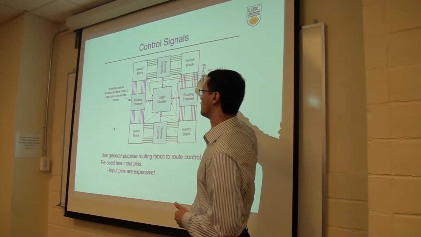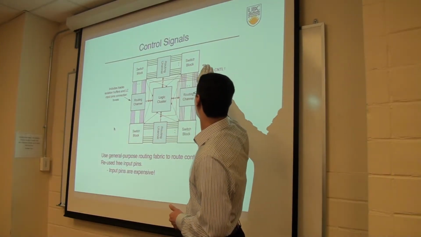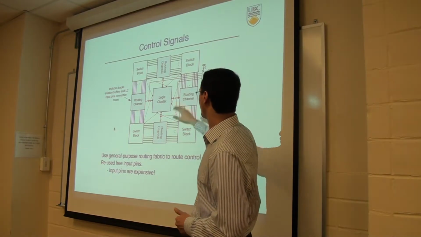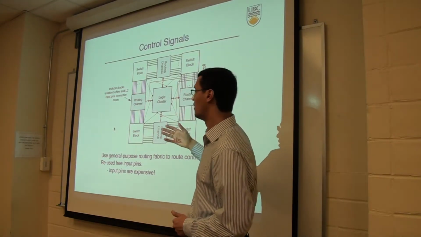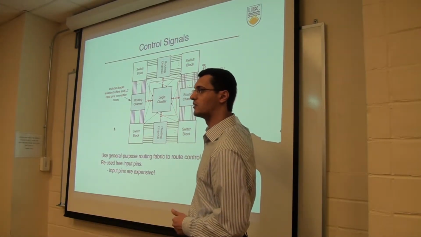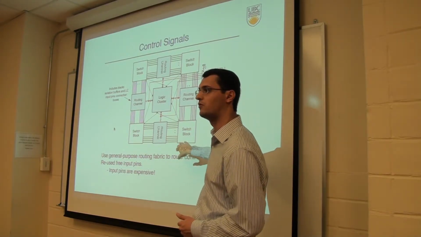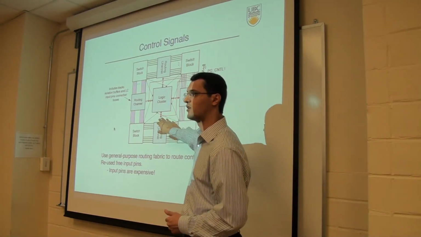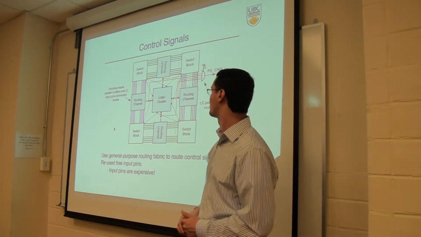The selection for this multiplexer is done at configuration time, using these two SRAM bits. In this way, we can have any of these input pins, or maybe a subset of them, fed to this multiplexer, and one of them could work as a power gating signal. So you can route this signal from anywhere on the chip to these input pins, and you can use it as a control signal for your power state.